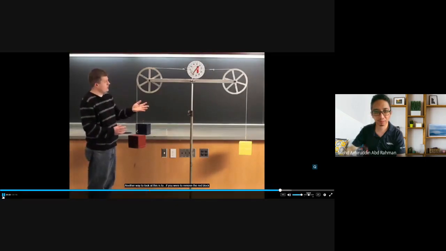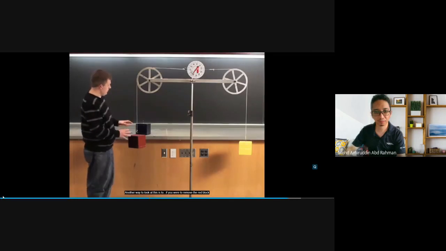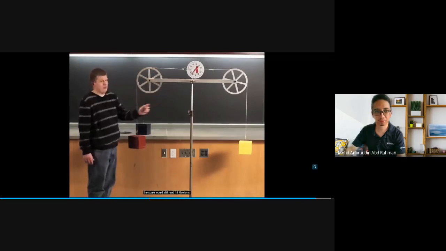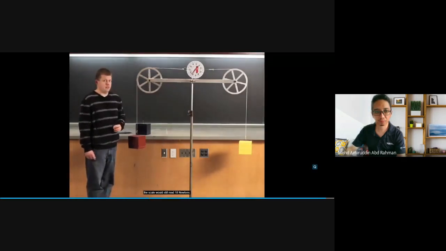Another way to look at this is if you were to remove the red block and either hold the scale with your hand or attach this rope to a wall, the scale would still read 18 newtons. As long as the object is balanced, the spring scale will still read 18 newtons because you need to balance that.